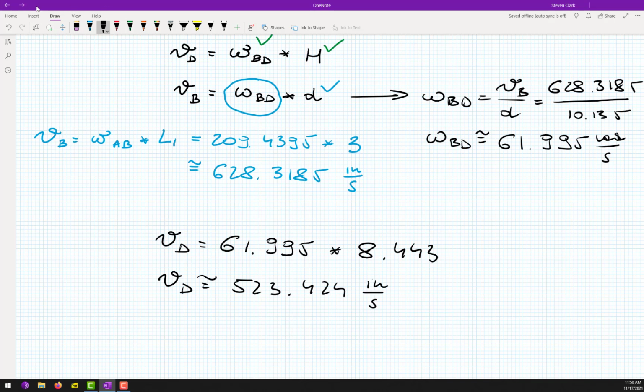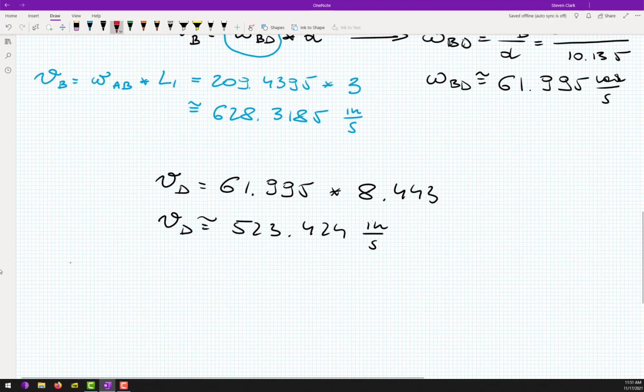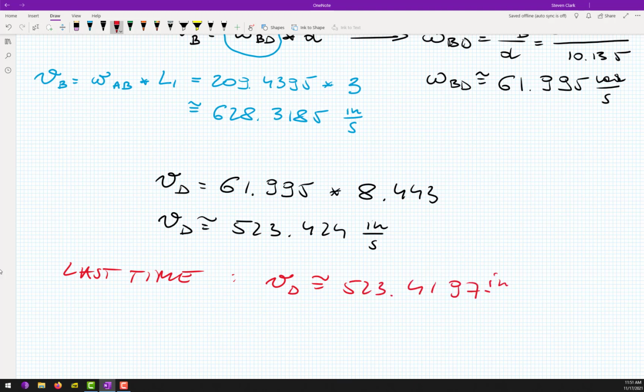Before we go, we finished that problem. This is the answer. They ask us to find the velocity of point D using the instantaneous center of rotation. However, on Friday, we solved exactly the same problem differently, and we obtained that VD was approximately 523.4197 inches per second.